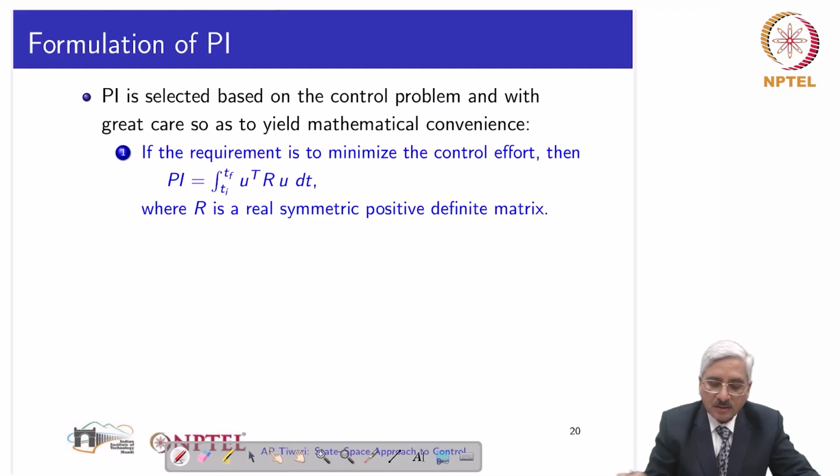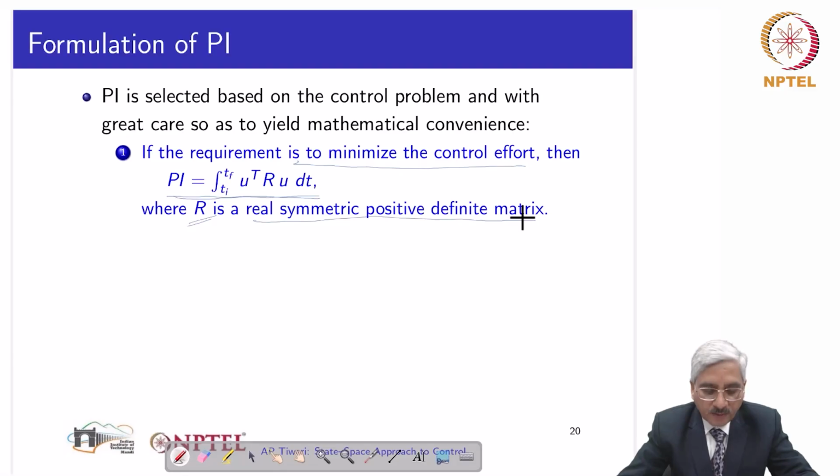So in one case, it can be required to maintain the control effort. Then the performance integral may be given by this function, which is a quadratic in the input, U transpose RU. R is a real, symmetric, positive definite matrix. We have seen, when we were discussing stability in the sense of Lyapunov, we had defined the definiteness of a quadratic function.